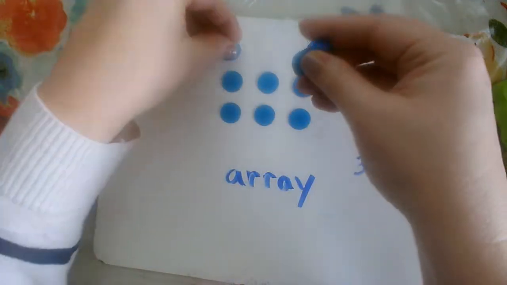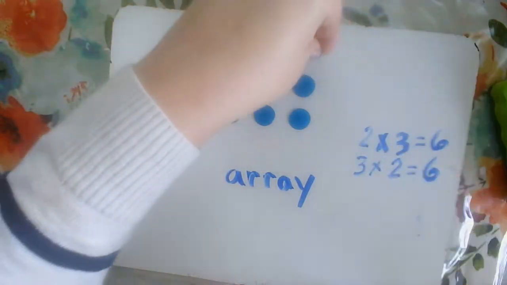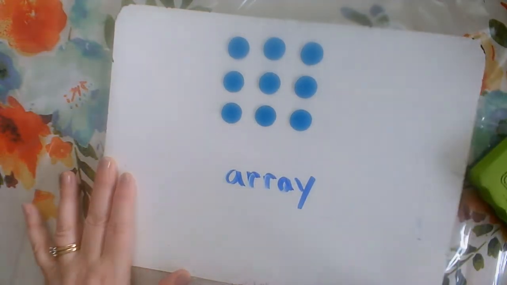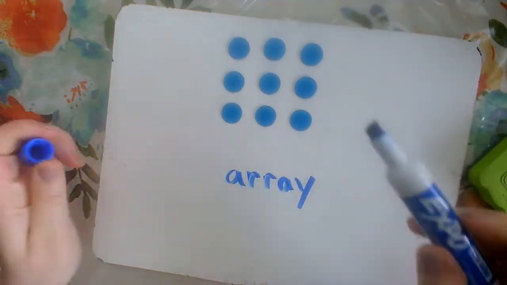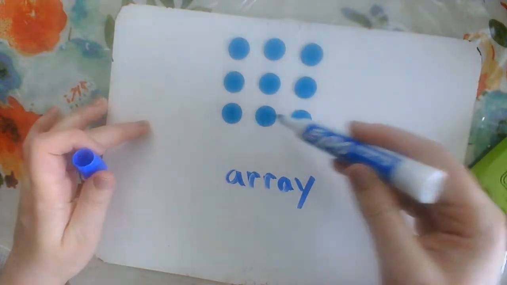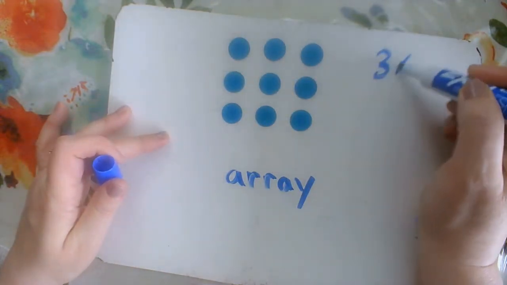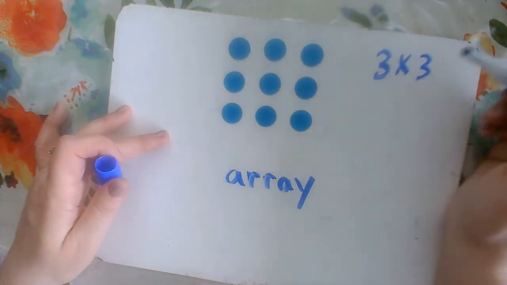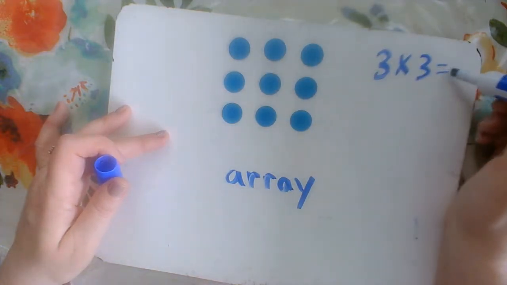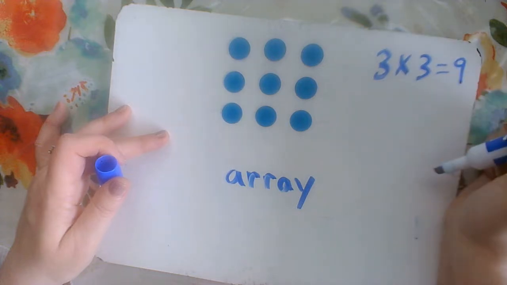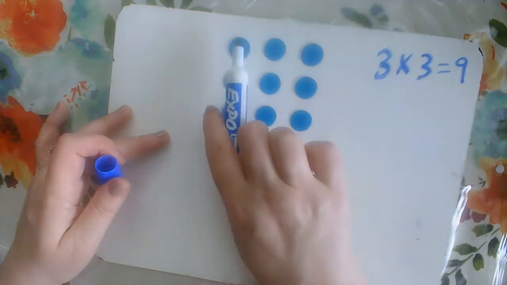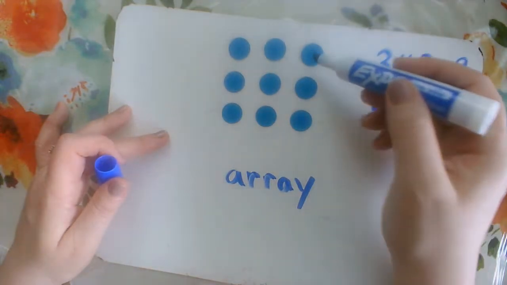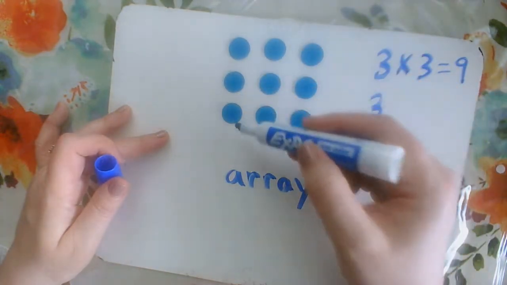So if I added another row here, let's take a look at what we have now. We have 3 rows with 3 in each row. So that's 3 groups of 3, which equals 3, 6, 9. And when I look at the columns, I also have 3 columns, and there's 3 in each column.